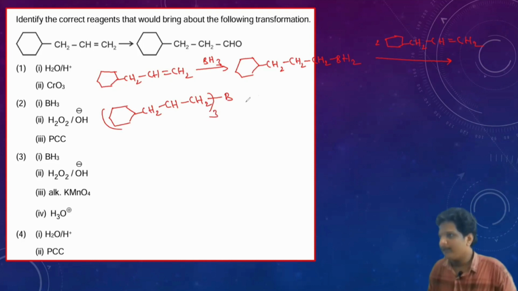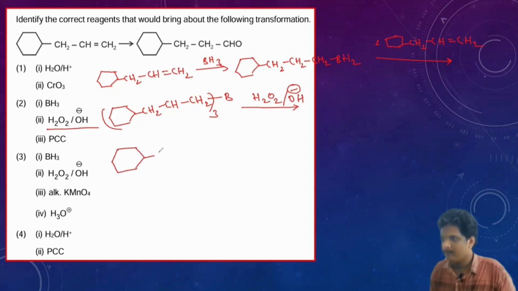This trialkylborane on treatment with hydrogen peroxide in the presence of base gives the alcohol, which is a primary alcohol. H2O2 in basic medium gives CH2CH2CH2OH, 3 moles of alcohol.